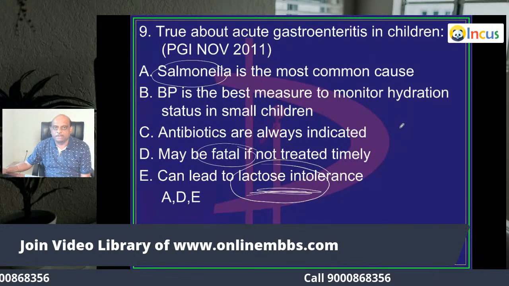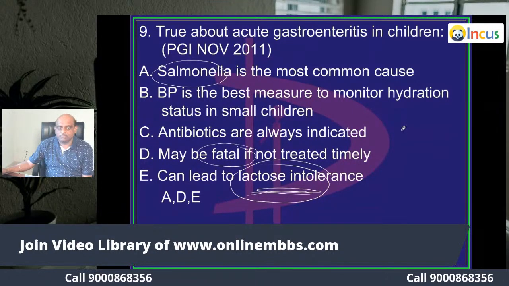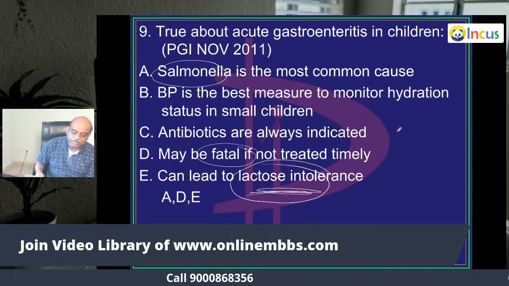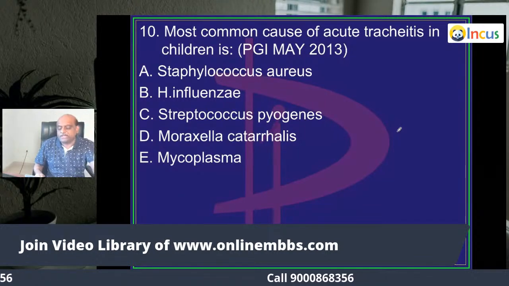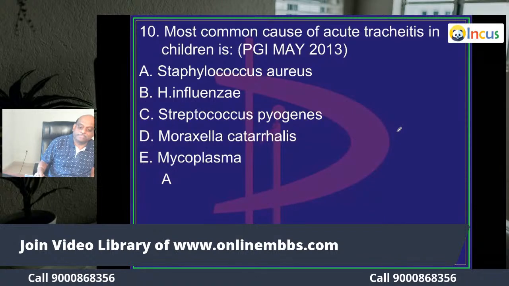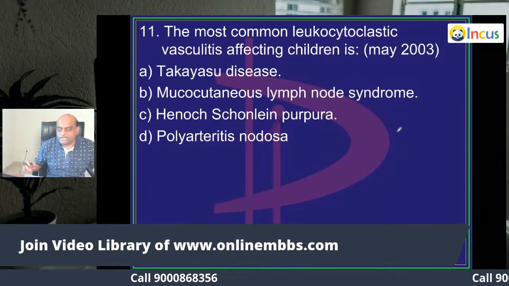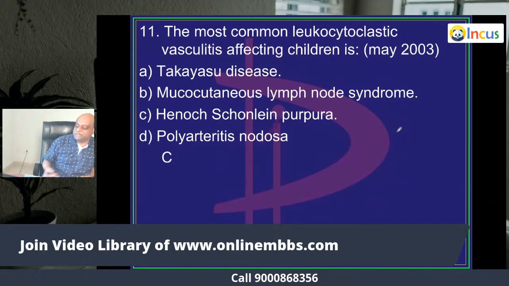That's the reason you need to feed them with lactose-free diets, which is very important. The most common cause of acute tracheitis in children is Staphylococcus aureus. Leukocytoclastic vasculitis affecting the pediatric population is Henoch-Schönlein purpura.